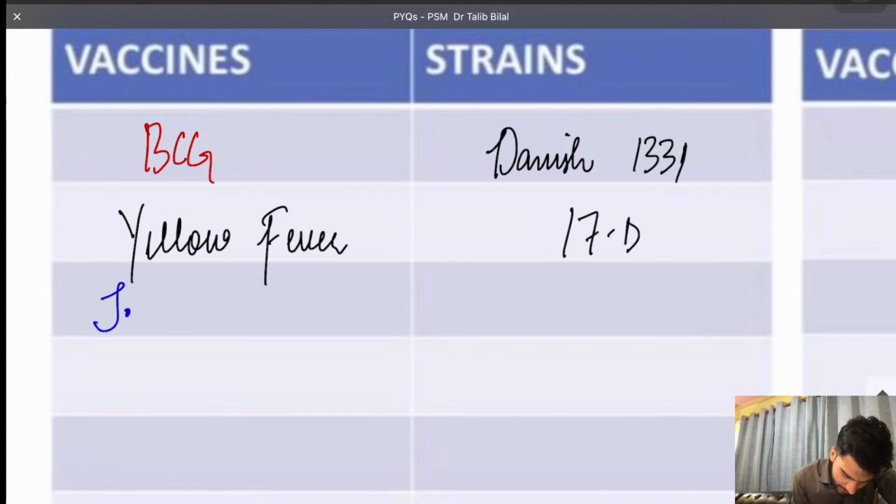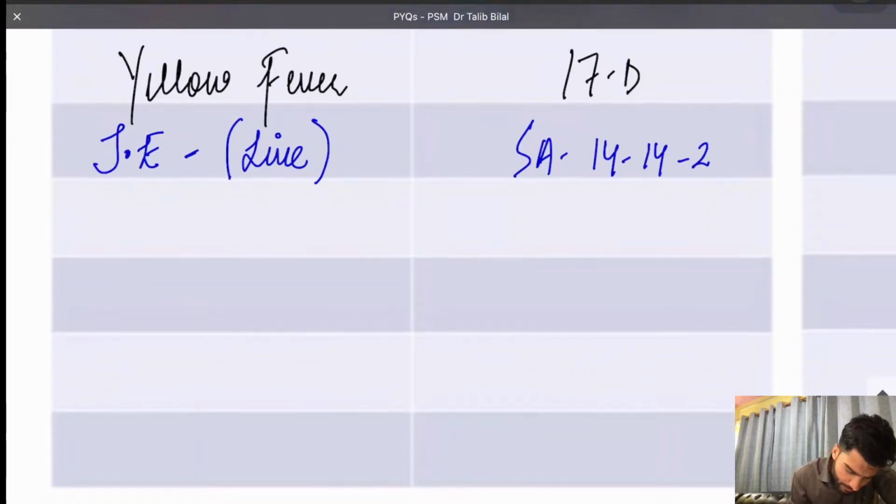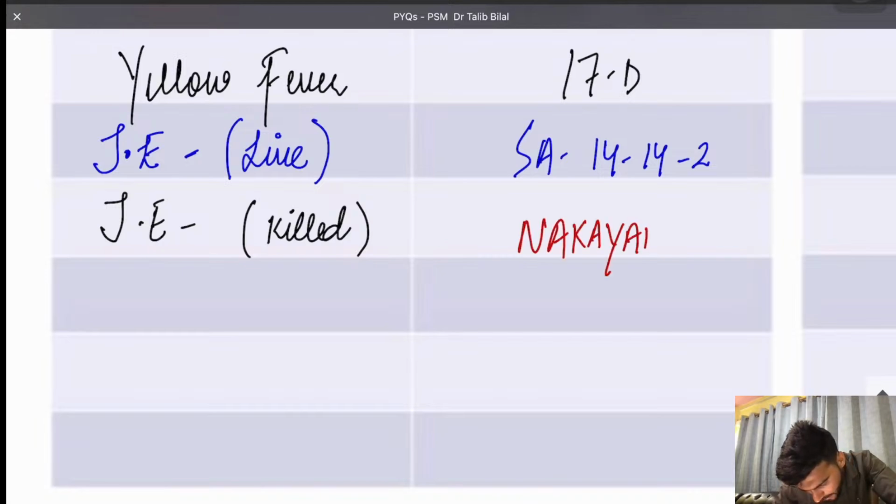If I talk about Japanese encephalitis live, your answer is going to be SA 14-14-2. If I talk about Japanese encephalitis killed, then your answer is going to be Nakayama.